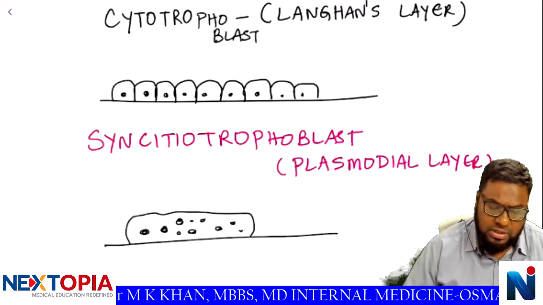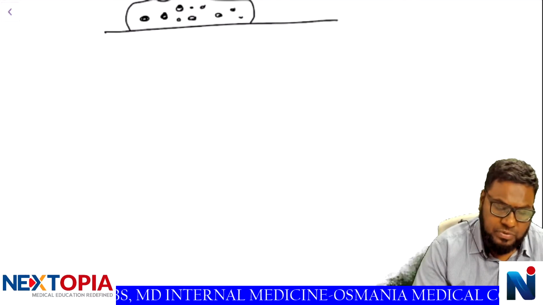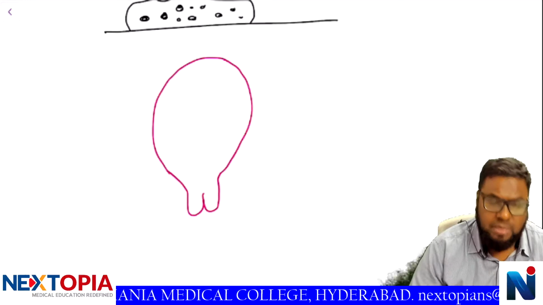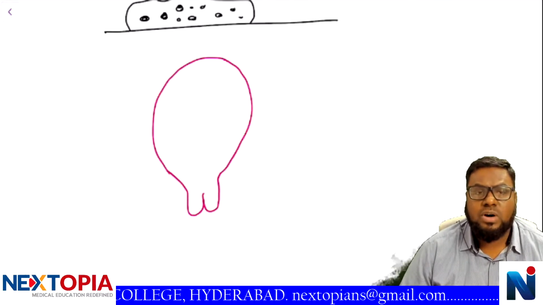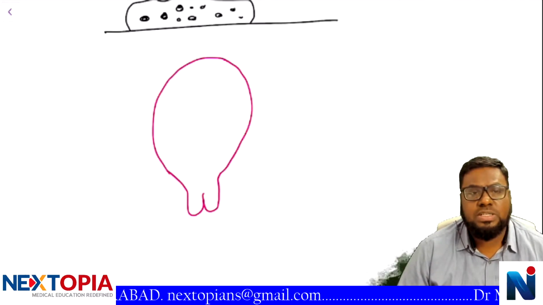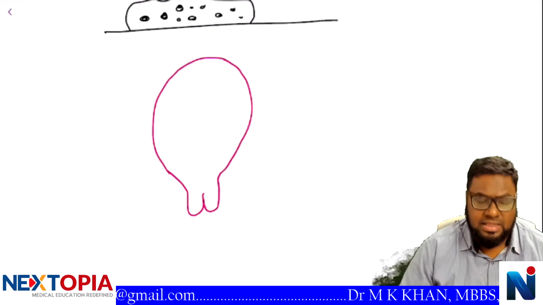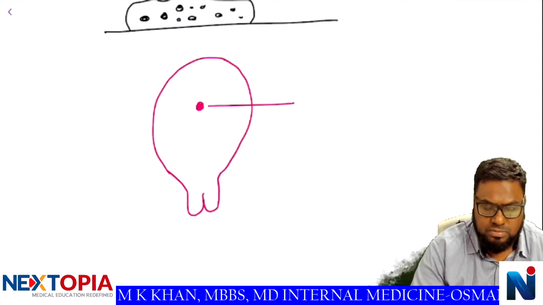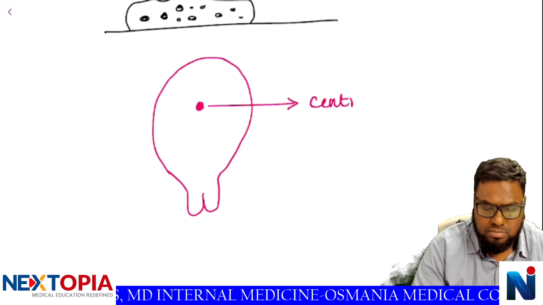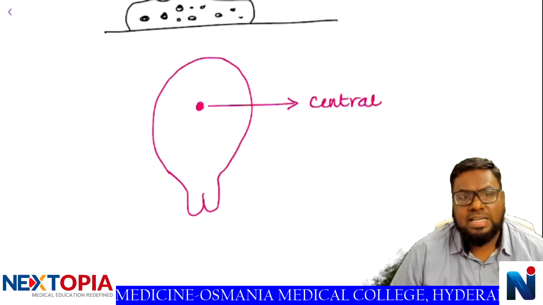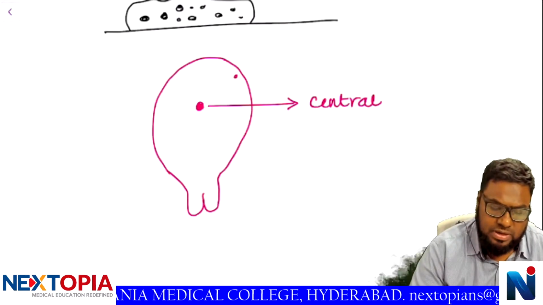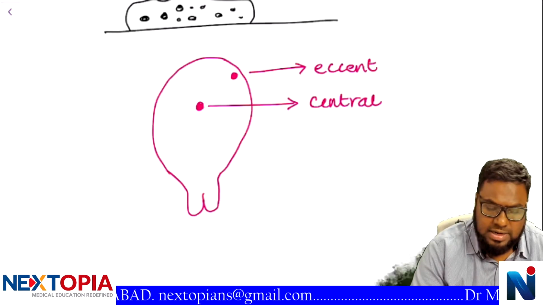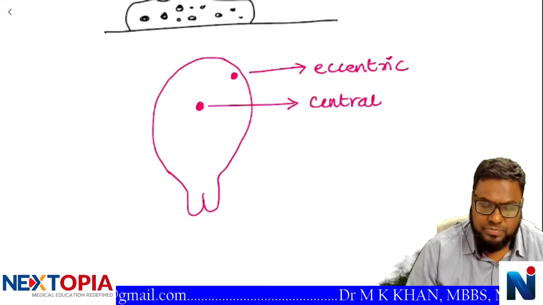So depending on the site of implantation, you can name it. If this is the uterus, we have central implantation, wherein the blastocyst is implanted in the center of the uterine cavity. The other type is eccentric implantation, somewhere like this. Eccentric means away from the center.